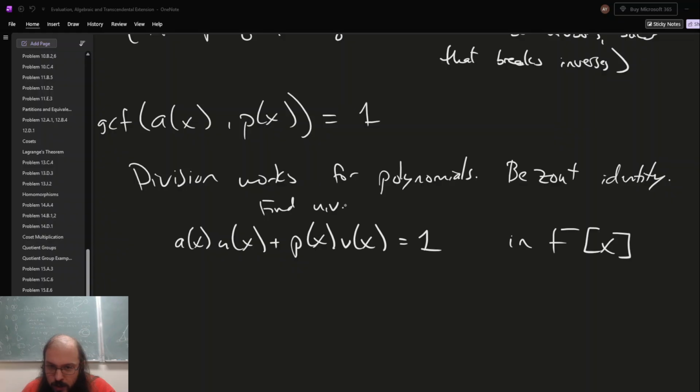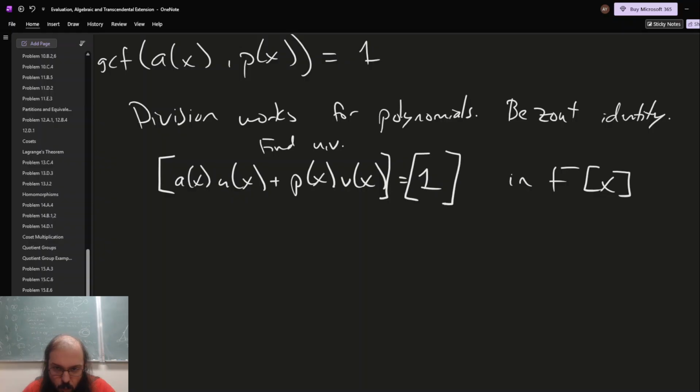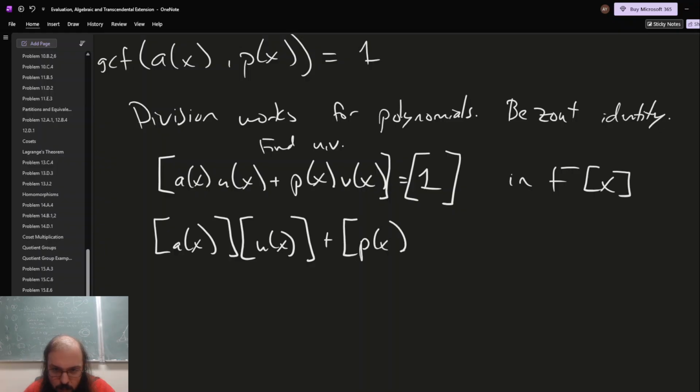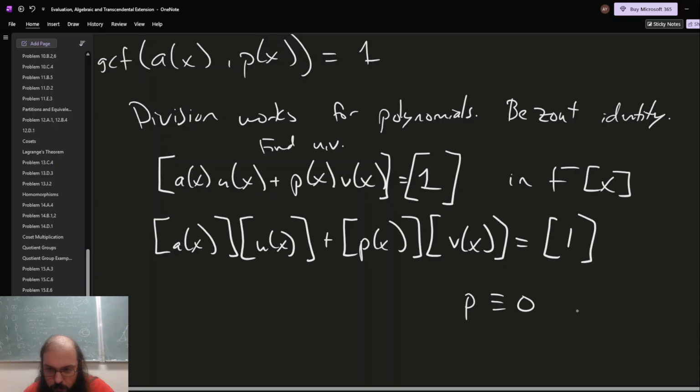Now, in our situation, we're working with equivalence classes. When I take the equivalence class of all of this, since we just discussed how all of these things break up and everything is well defined, we get here. But now, when we're talking about equivalence classes, the class of P is equivalent to 0.